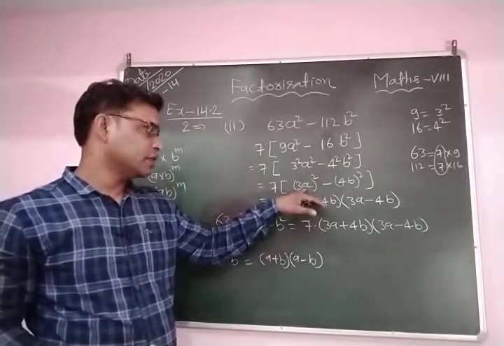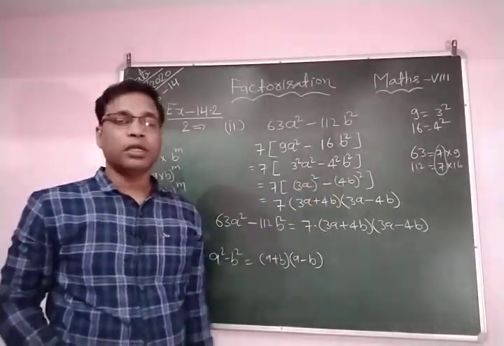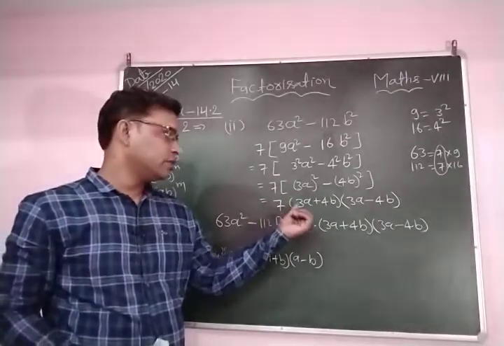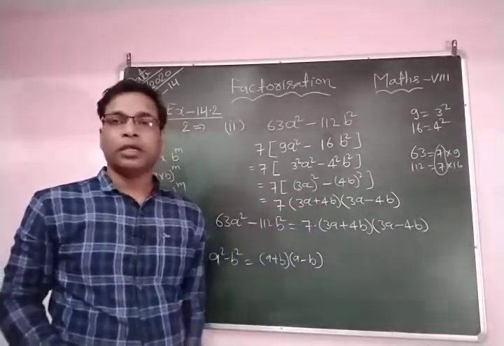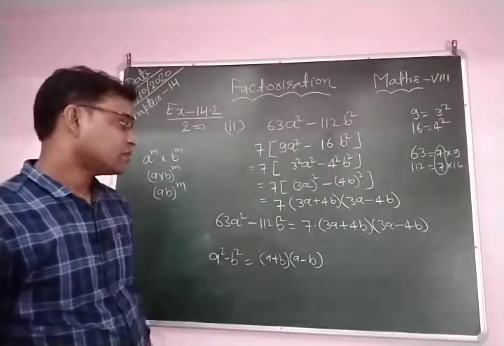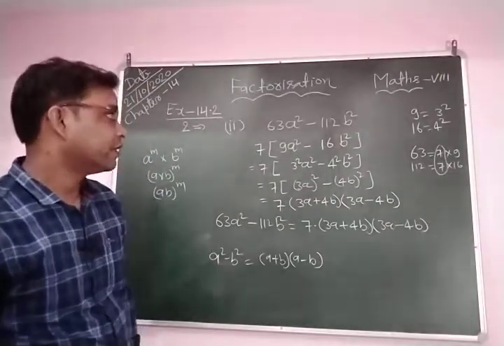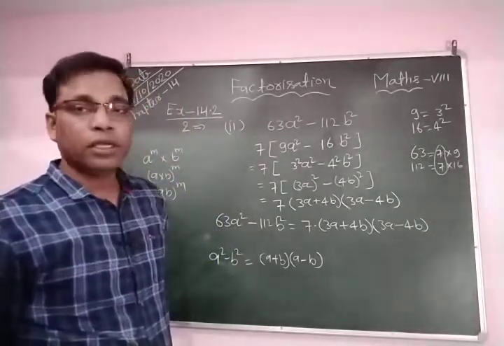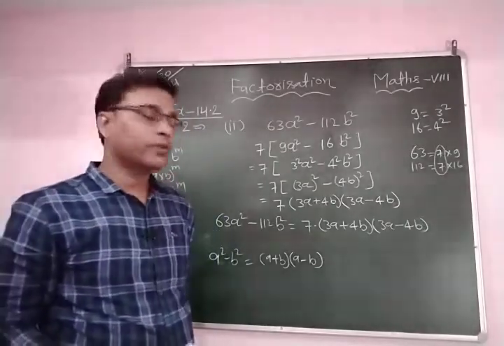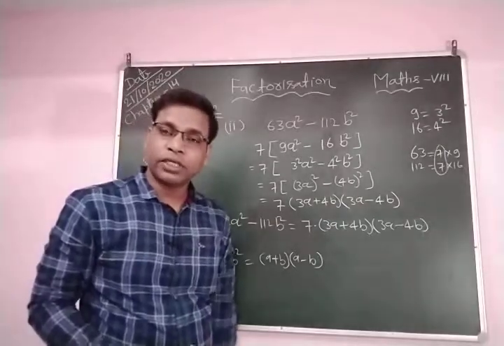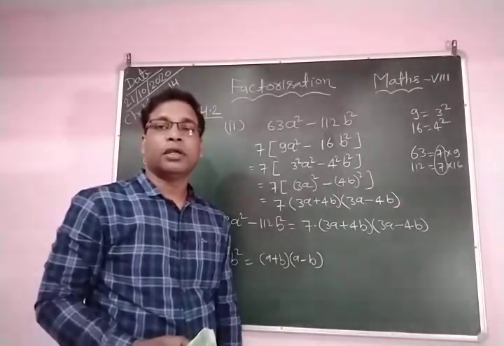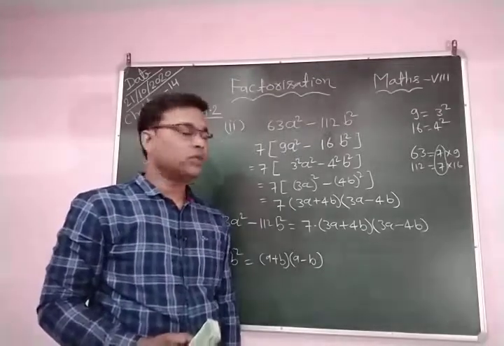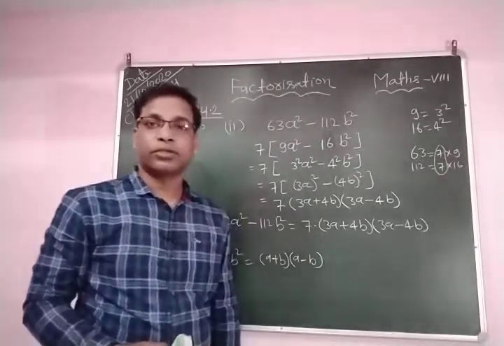For this, 3a square minus 4b square, we have 7 already here. So 7 into (3a plus 4b) into (3a minus 4b). So in this way we obtain the factorization of the given algebraic expression: 63a square minus 112b square is equal to 7 into (3a plus 4b) into (3a minus 4b). I hope all of you understood this question.